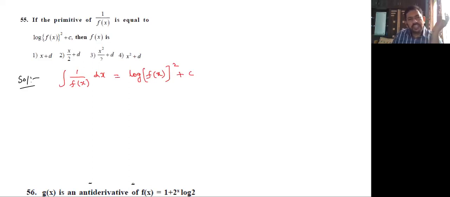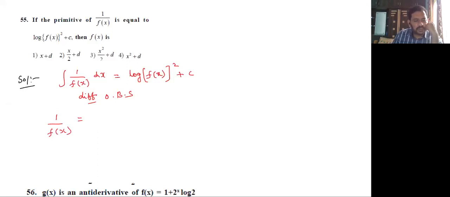Integration and differentiation are inverse processes. Now differentiate on both sides. The derivative and integration cancel. We get 1 by f of x equal to, on the right hand side, the derivative of log f of x whole square.